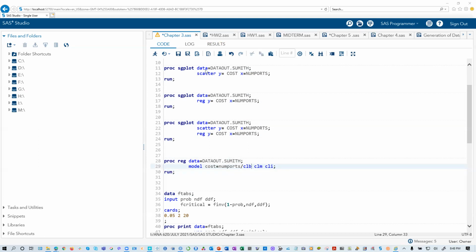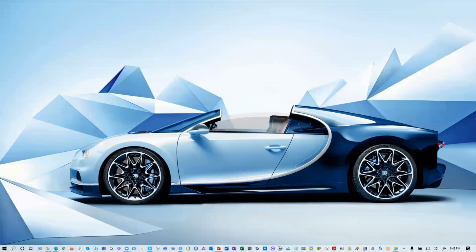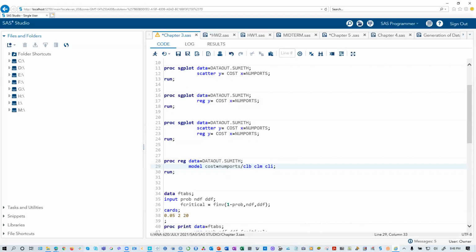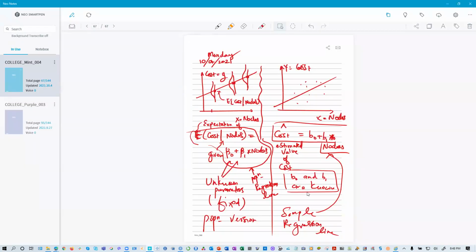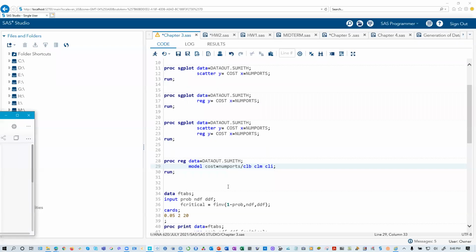I'm talking about beta naught and beta 1. This is called the point estimate. You say, I don't need the point. Give me a whole bunch of values for beta naught. That's what we are trying to do here.